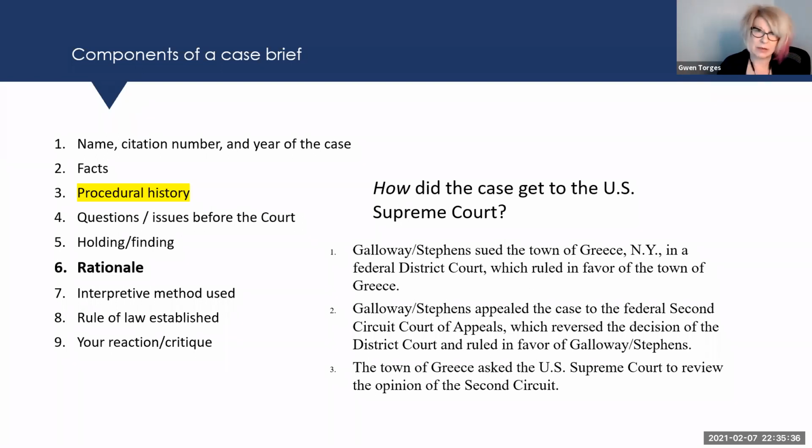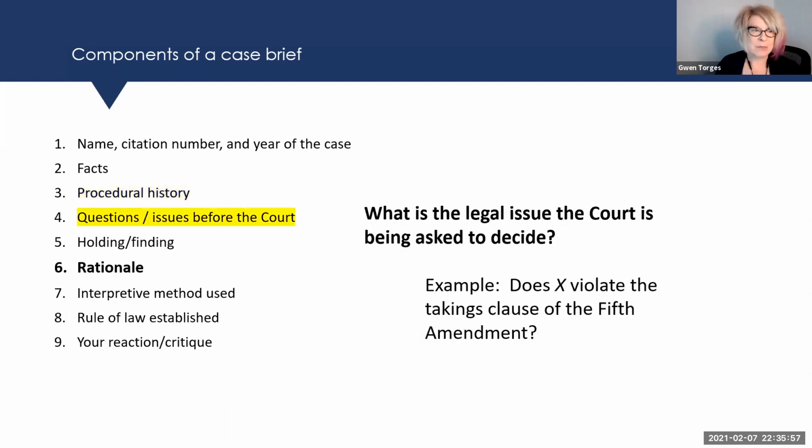This is a violation of the Establishment Clause. And so now that Greece was the loser, they wanted to be the petitioner and asked the Supreme Court to hear the case. And that's always where you're going to stop this procedural history, is once they've asked the Supreme Court to hear it, because that's what the rest of this case brief is about.